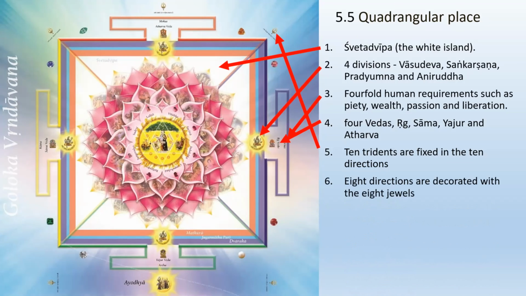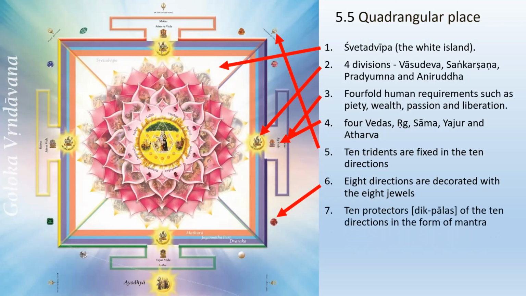And the 8 directions are decorated with 8 jewels, and the names of the jewels we read in the translation. These 8 directions are decorated with 8 transcendental jewels. At the same time, in addition to the 10 tridents, the 10 directions are also protected by dik-pālas. These dik-pālas are in the form of transcendental mantras, as mentioned in the verse here.